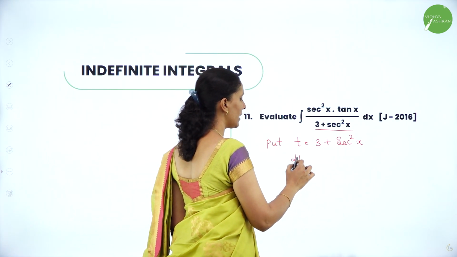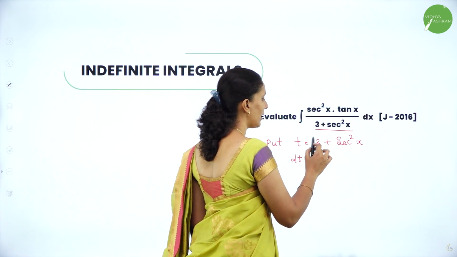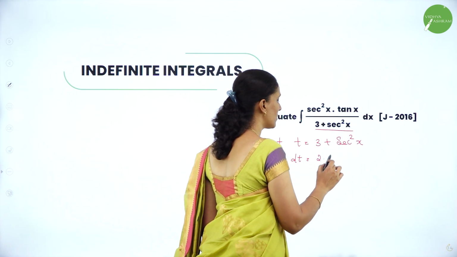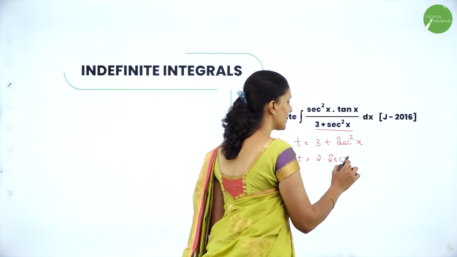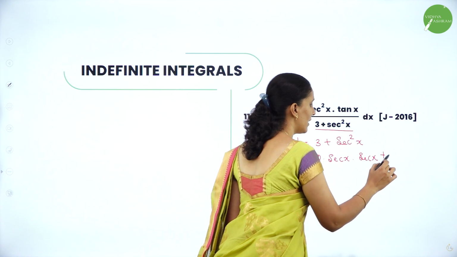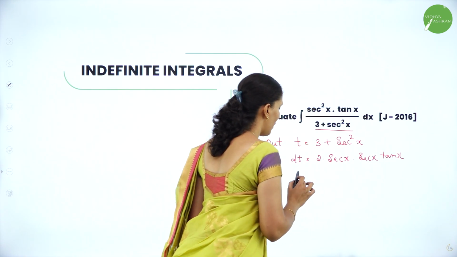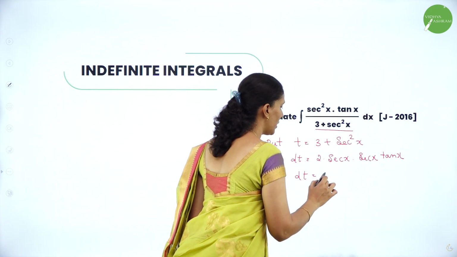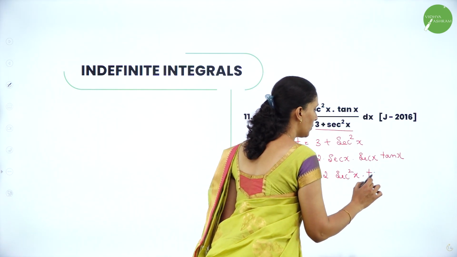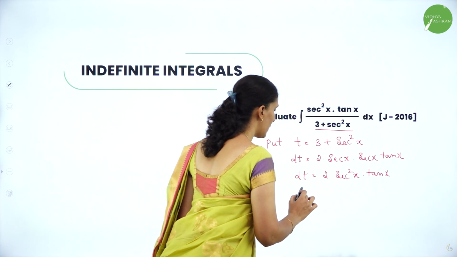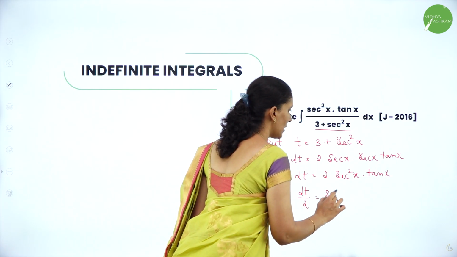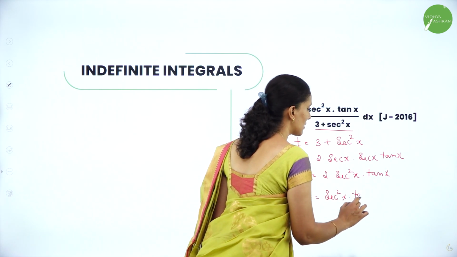So we will get dt is equal to, derivative of 3 is 0, and secant square can be written as 2 secant x into derivative of secant x, which is secant x tan x. Therefore dt can be written as 2 secant square x into tan x, or we can write dt by 2 is equal to secant square into tan x.